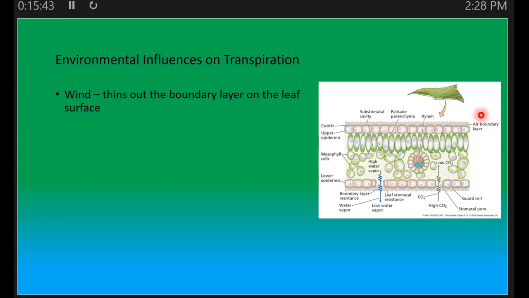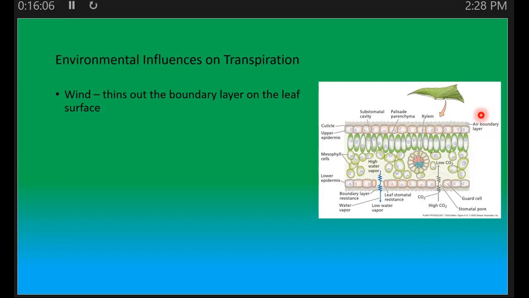The surface of your skin has a boundary layer, so does the leaf surface. And if you thin out that boundary layer, that means you disturb it so that it's not still air anymore. You get those air molecules moving, and you will evaporate the sweat off your skin more quickly.